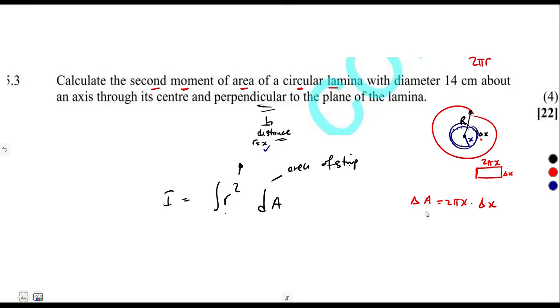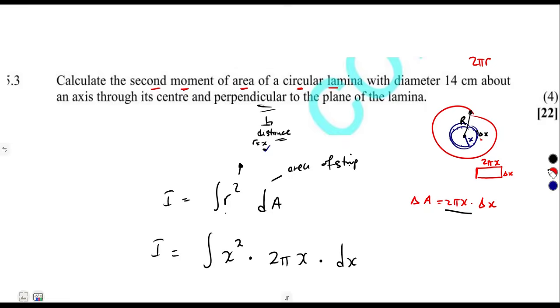If we are to integrate, our integral is r squared, where r is x, so that's x squared times our dA. So it's going to be 2 pi x times delta x. Delta x for the strip simply means dx, meaning you're going to integrate with respect to x.